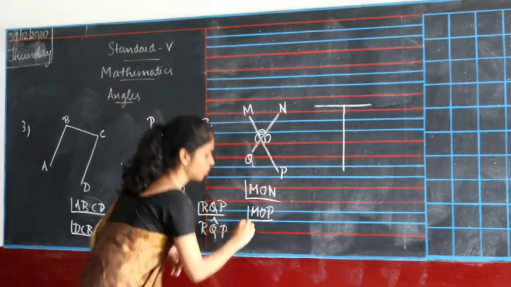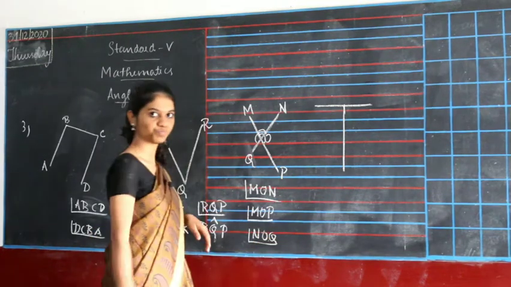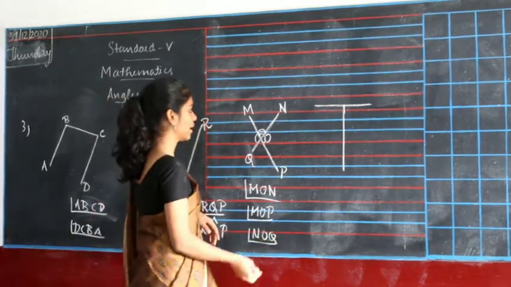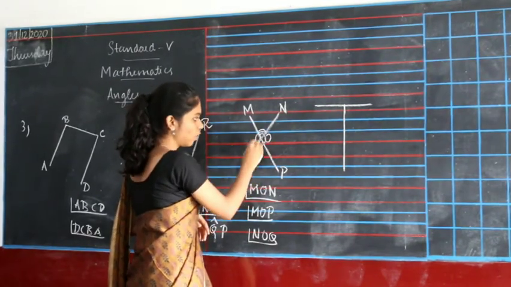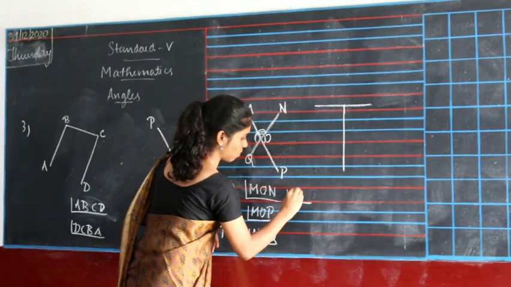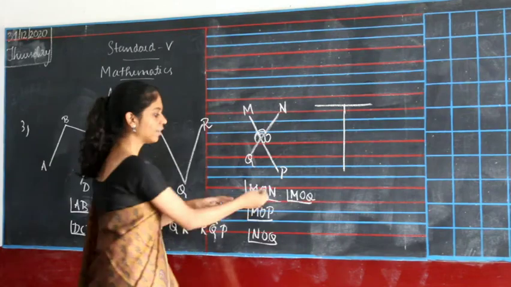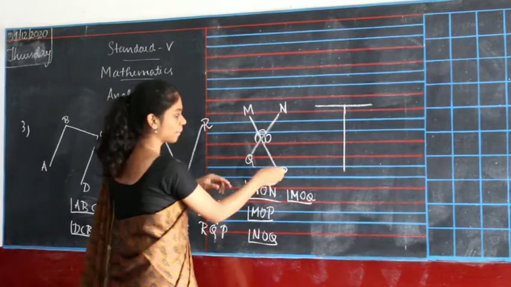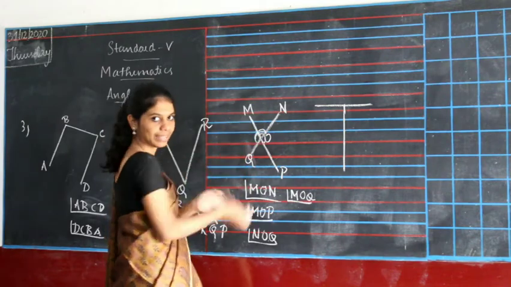So N, O and Q. Okay. So next you can see here M, O and Q. That also makes an angle. You can write in a reverse order like P, Q and M, N, O, M, like that also you can write.